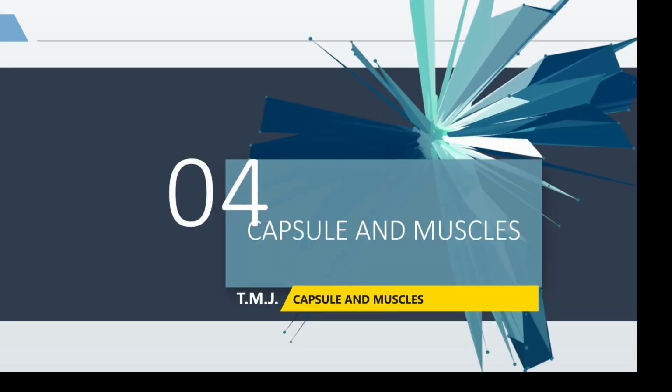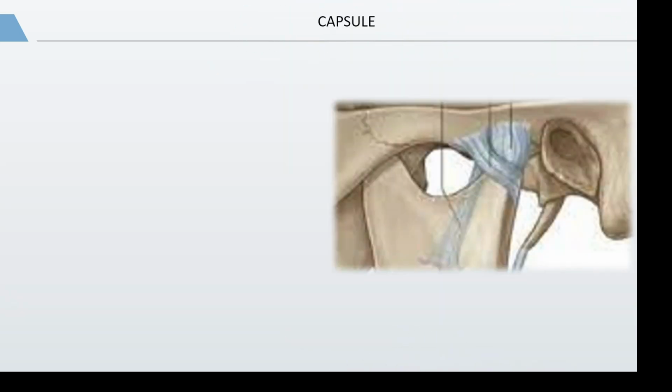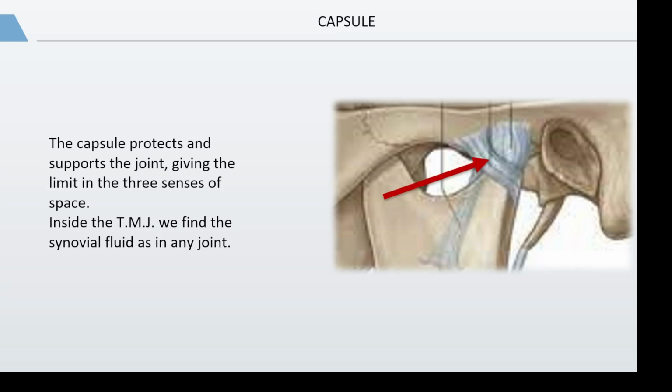And then we go to the last part of the chapter, the capsule and muscles. The capsule protects and supports the joint, giving the limit in the three senses of space. What does that mean?